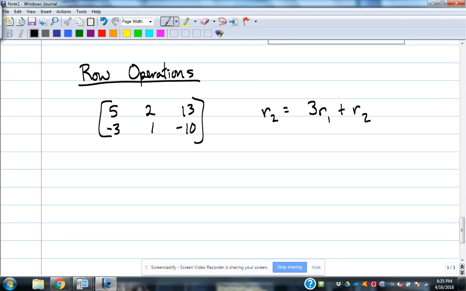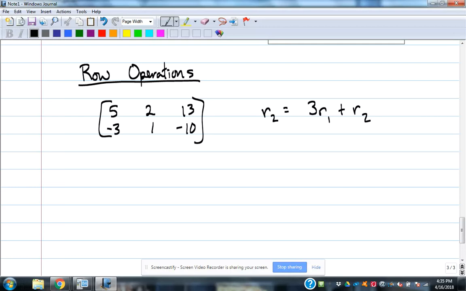Notation-wise, what that means is row 2 is the only one that's changing. Row 2 changes by doing this. We're going to take 3 times whatever's in row 1 and add it to the same place in row 2. So for our problem, we're going to take 3 times 5 and add it to the -3 that's here.